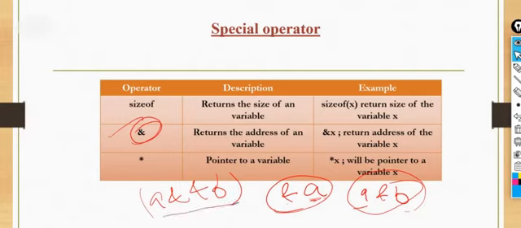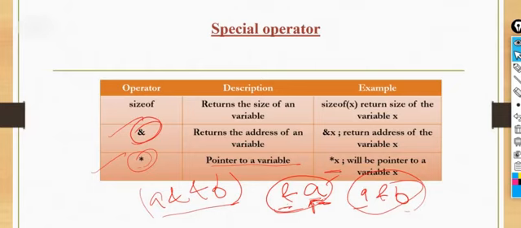So there is a difference, no need to get confused there. If you use the single and operator with a single variable, it refers to the memory location assigned to that variable. So this symbol indicates the pointer. The pointer will show the address. We will discuss this later.